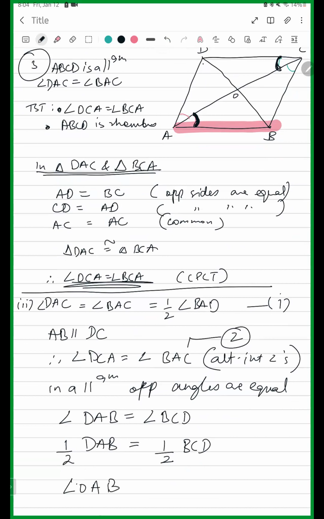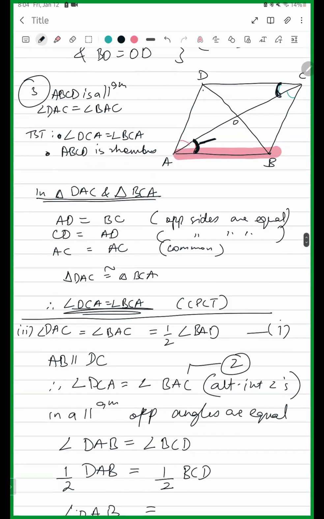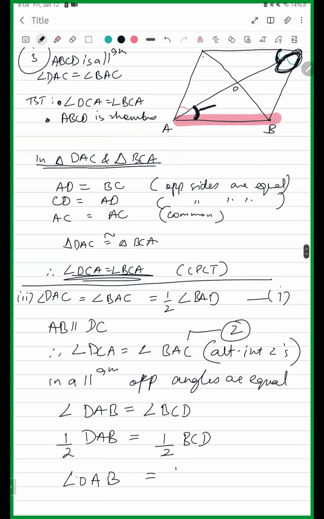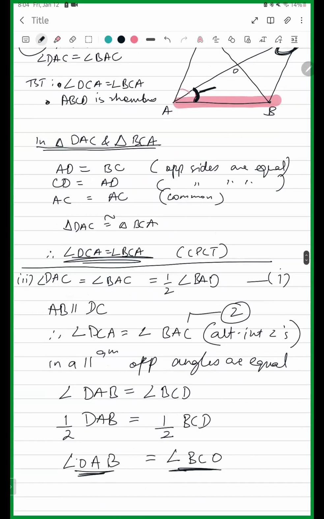And half of angle BCD is angle BCO. So that means angle OAB and angle BCO, these two are equal.